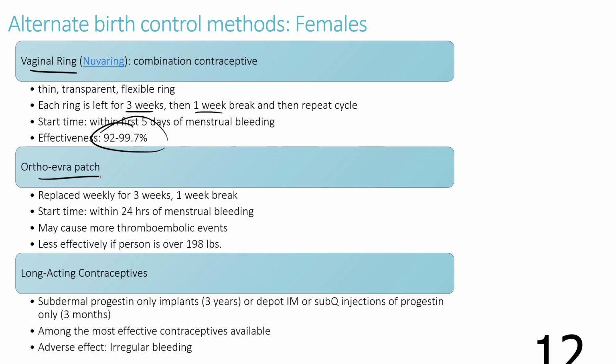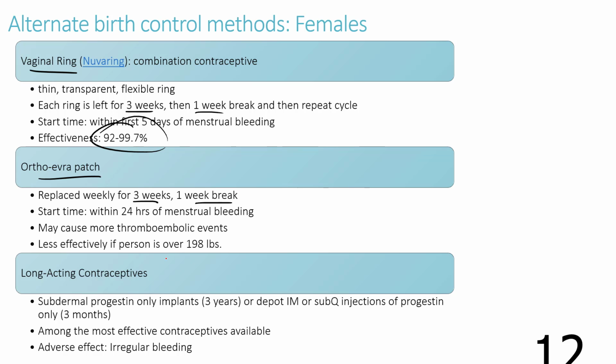And then the second one is a patch. So again, replace every week for 3 weeks, 1 week break to allow menstruation to occur, and this may cause more thromboembolic events. It's less effective if a person is 200 pounds or over.